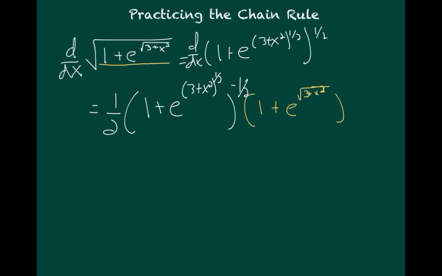So now I'm ready to take the derivative of this inside function, which will be 1/2 times 3 plus x squared to the negative 1/2, and I will multiply by the innermost function's derivative, which is 2x.